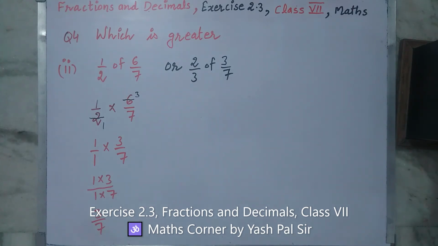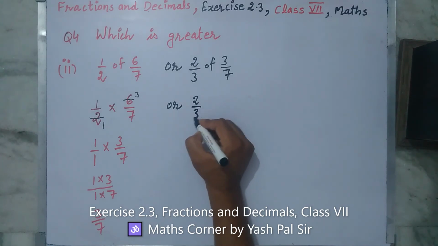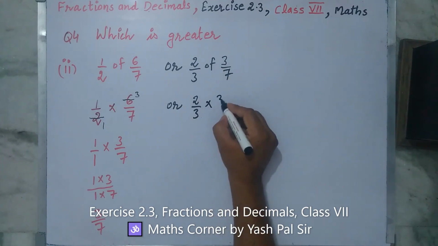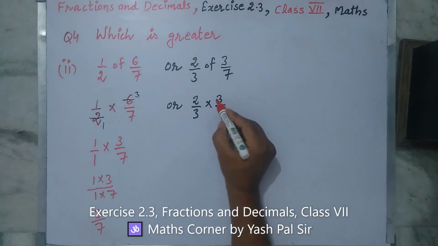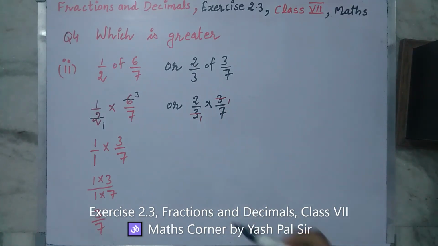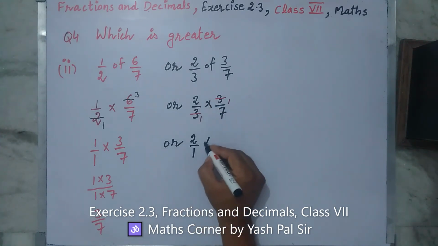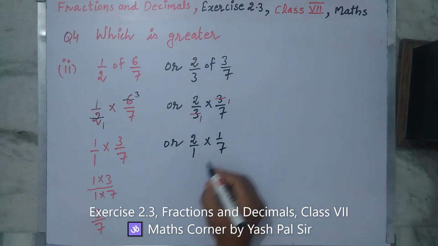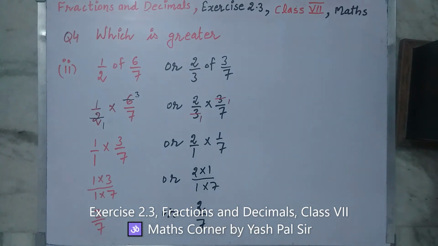Now coming to the next part: 2 by 3 of 3 by 7, meaning 2 by 3 into 3 by 7. So what can we do here? 3 ones are 3, 3 ones are 3, they cancel. So what is the answer? 2 by 1 into 1 by 7. That means 2 into 1 divided by 1 into 7, that means 2 divided by 7.